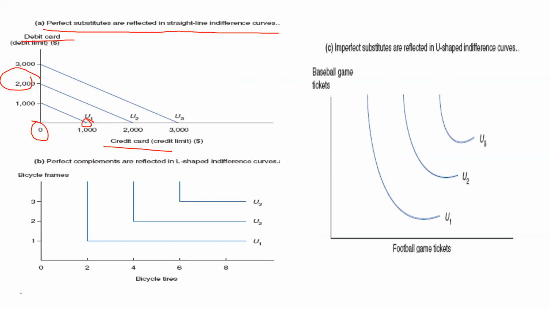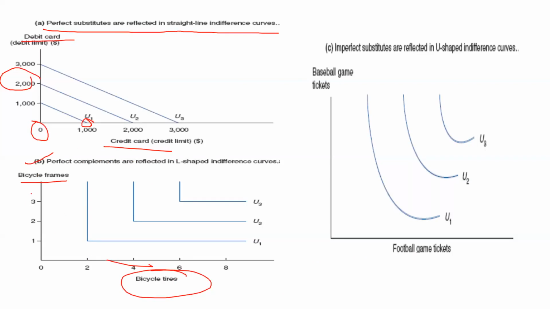Perfect complements are reflected in an L-shaped indifference curve, for example bicycle frames and tires. Suppose somebody would like to manufacture one bicycle. The minimum requirement is one frame and two tires.